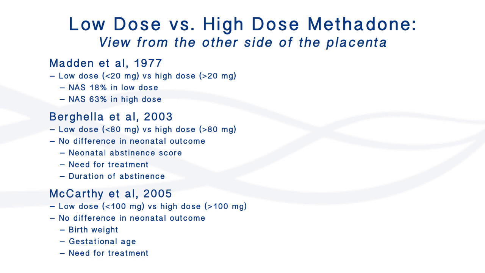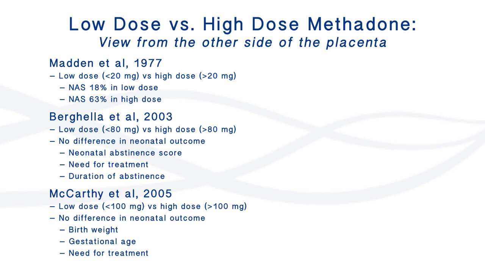Now, a second study in 2003 looked at differences in low dose versus high dose, but notice now low dose is defined as less than 80 milligrams per day versus high dose more than 80 milligrams per day. And not surprisingly, these researchers found there was no difference in neonatal outcome, including neonatal abstinence scores, need for treatment, or the duration of abstinence.